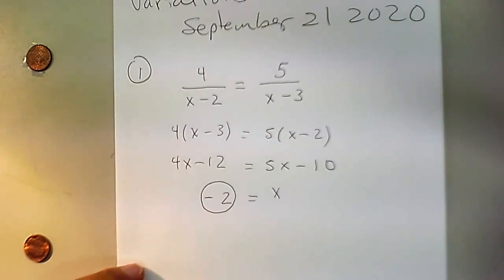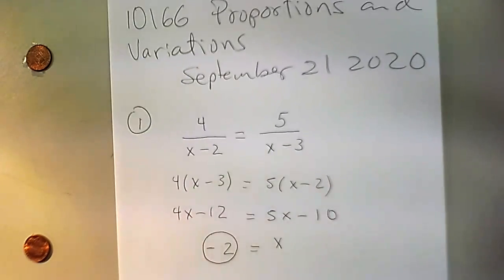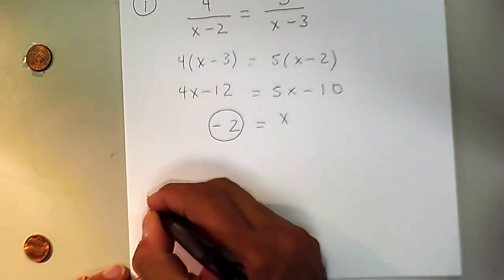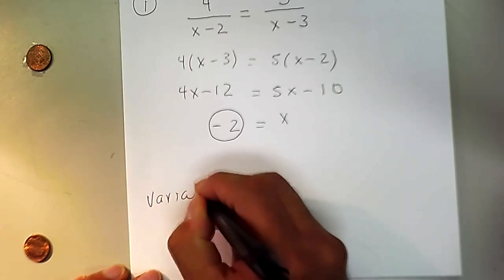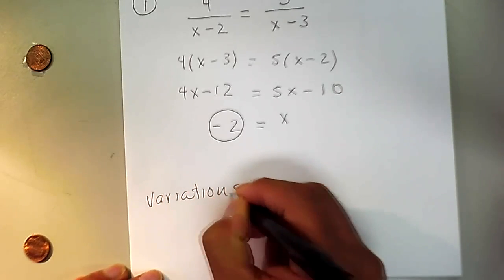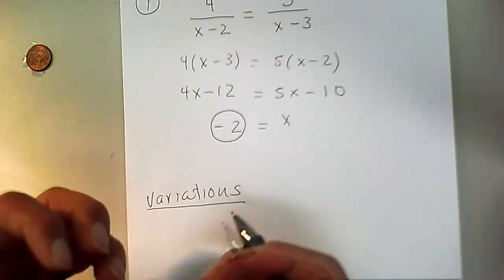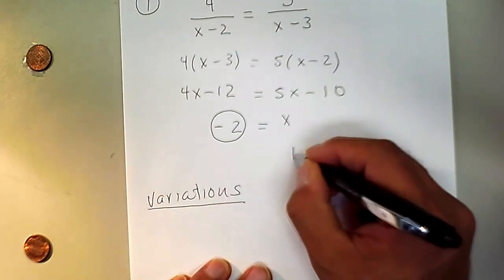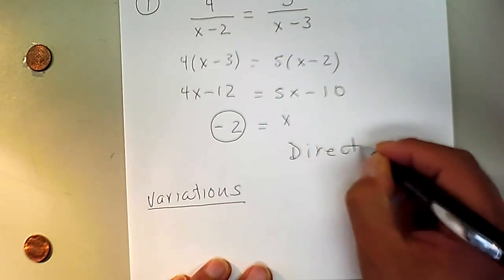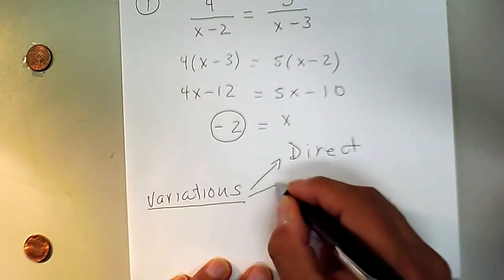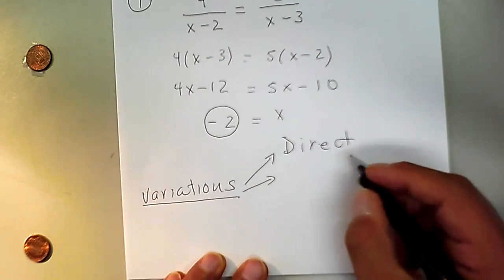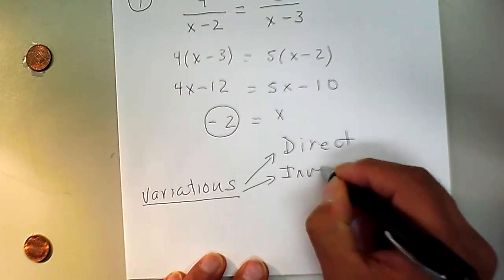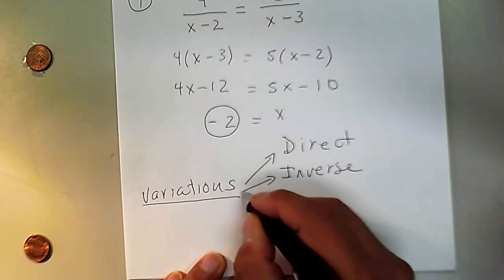Let's talk about variations. There are different kinds of variations. What variation means is how 2 or more variables correlate with one another, how they interact with one another. We have direct variation. That's one kind of variation. We have, you would think indirect, but actually it is called inverse variation.